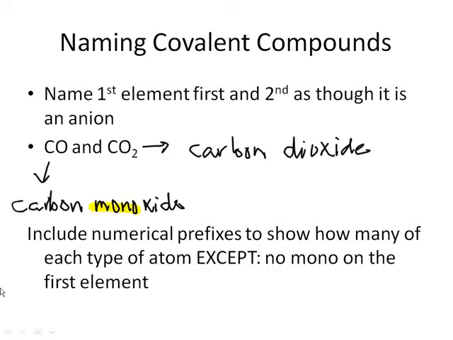The mono here telling me I had 1 oxygen, and the di here telling me I had 2 oxygens, to show how many of each type of atom, except there's no mono on the first element. So even though I had 1 carbon here and 1 carbon here, there's no mono written for the first element. And that's just convention. It's the way it is.